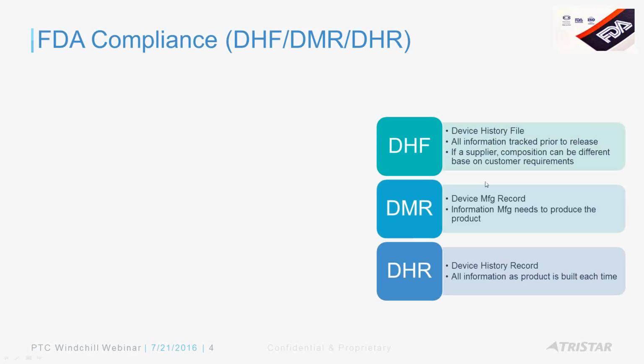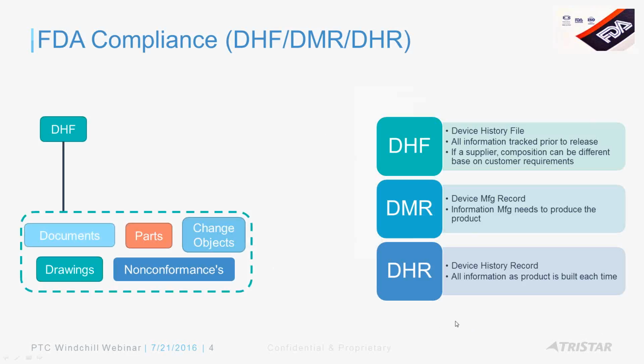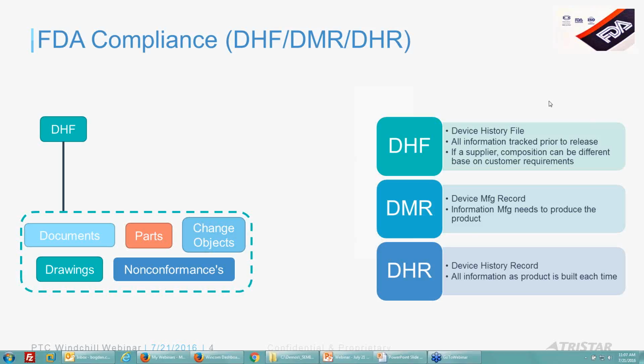Typically in FDA compliance or in the medical device industry, we're managing a group of documents that support the device history, the device manufacturing record, and any downstream information for manufacturing. So that consists of all of these various objects in Windchill, things like documents.